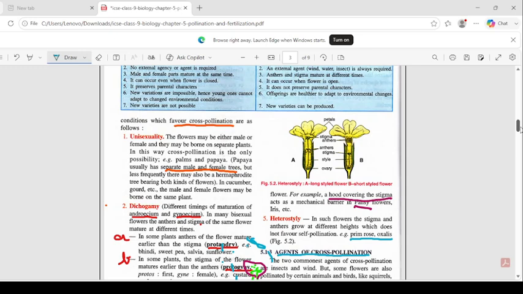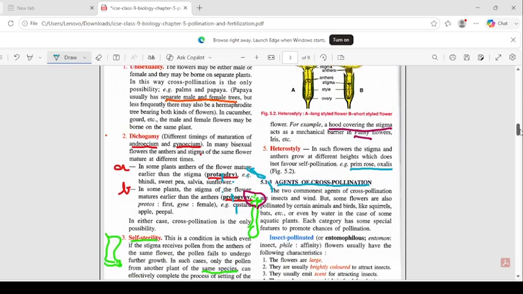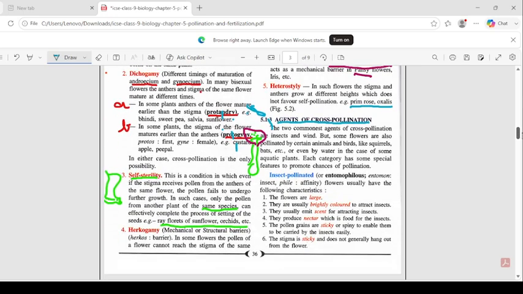Unisexual flowers means a plant having either staminate or male flowers, or pistillate flowers. Dioecious condition is this, as we get in the case of papaya. Dichogamy is the second condition, which means different timing of maturation for anther, or you can say stamen, and carpel. If anther matures before stigma, then it is called protandry. If carpel matures before anther, then it is called protogyny. Then we have self-sterility.